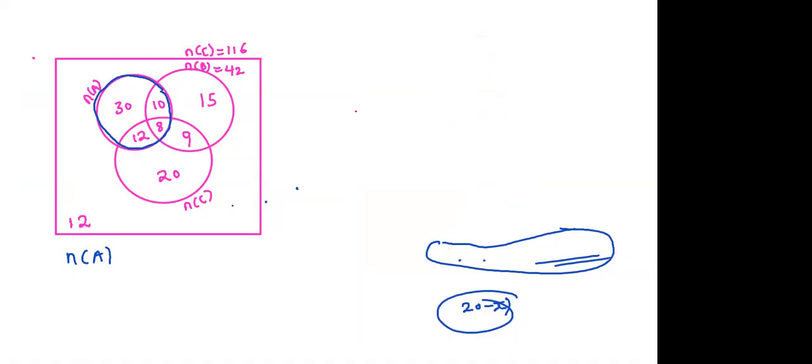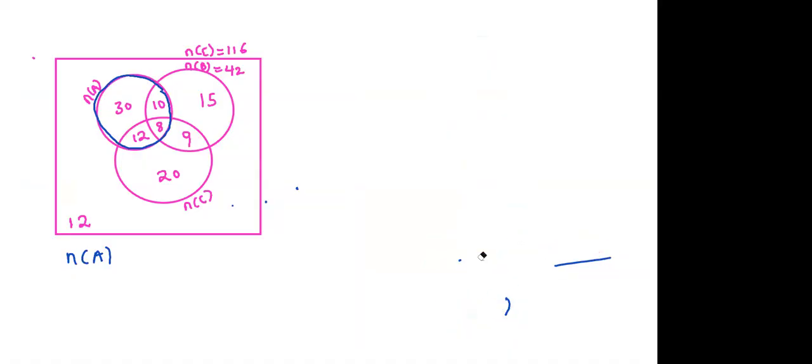I expect people to be placing their answers in the chat now. According to what I have when I add, 30 plus 10 plus 8 plus 12 gives us 60.